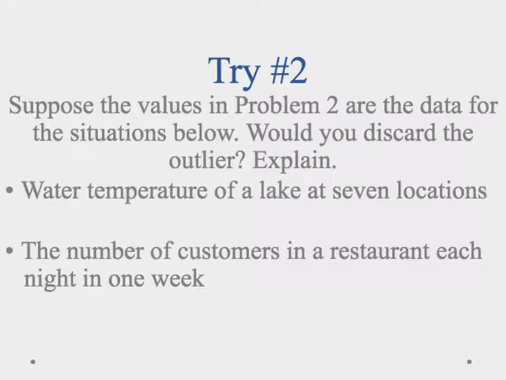Here it says, suppose the values in problem 2 are the data for the situations below. Would you discard the outlier? Explain. So again, thinking about those values we just had on example 2, I'll rewrite them in case we've forgotten. It's 56, 65, 73, 59, 98, 65, and 59.